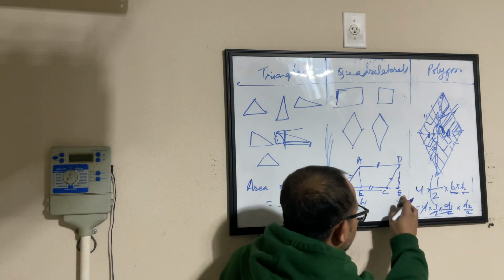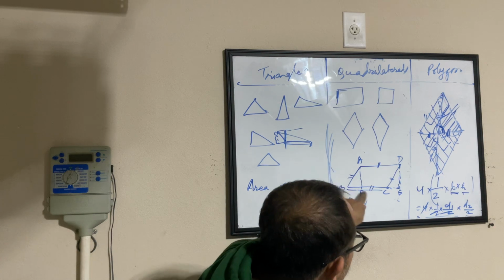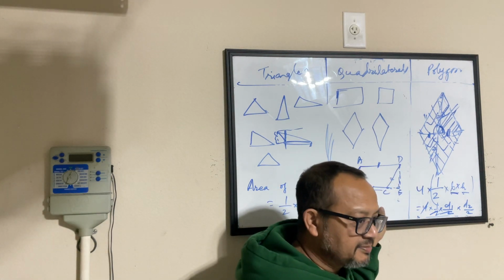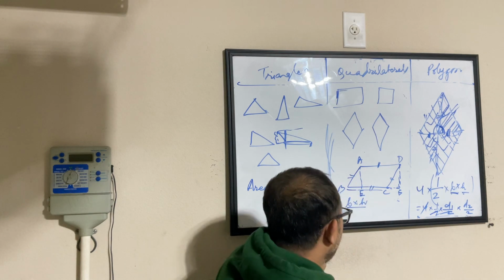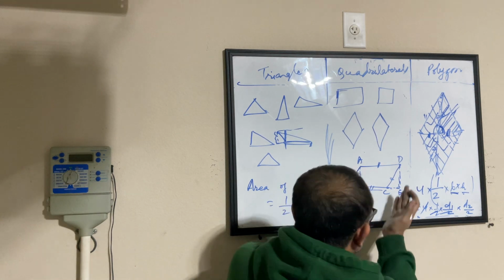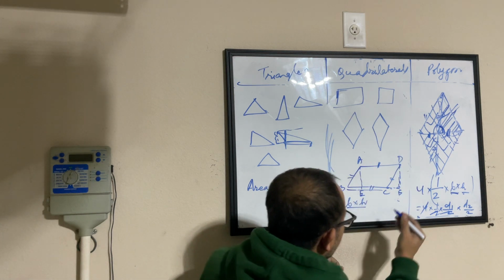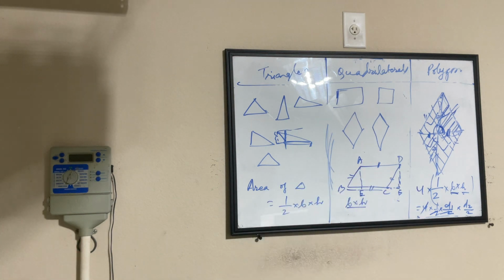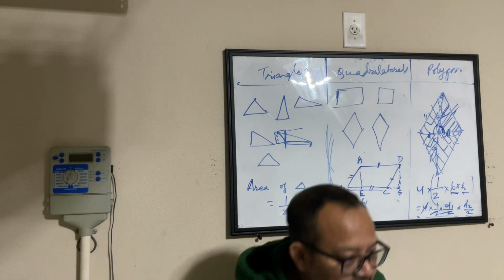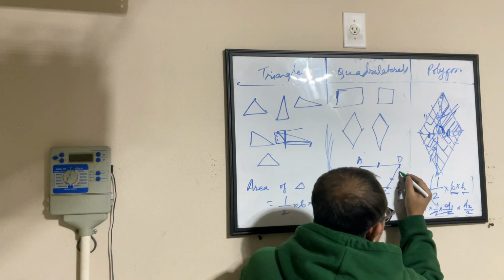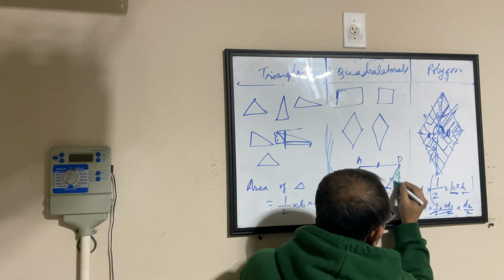If you look at A, E, F, D, this is nothing but a rectangle, isn't it? Yeah? Between my original parallelogram and the rectangle, what is the difference? It takes a piece and replaces it. Yeah, it's a plug and play kind of a thing.